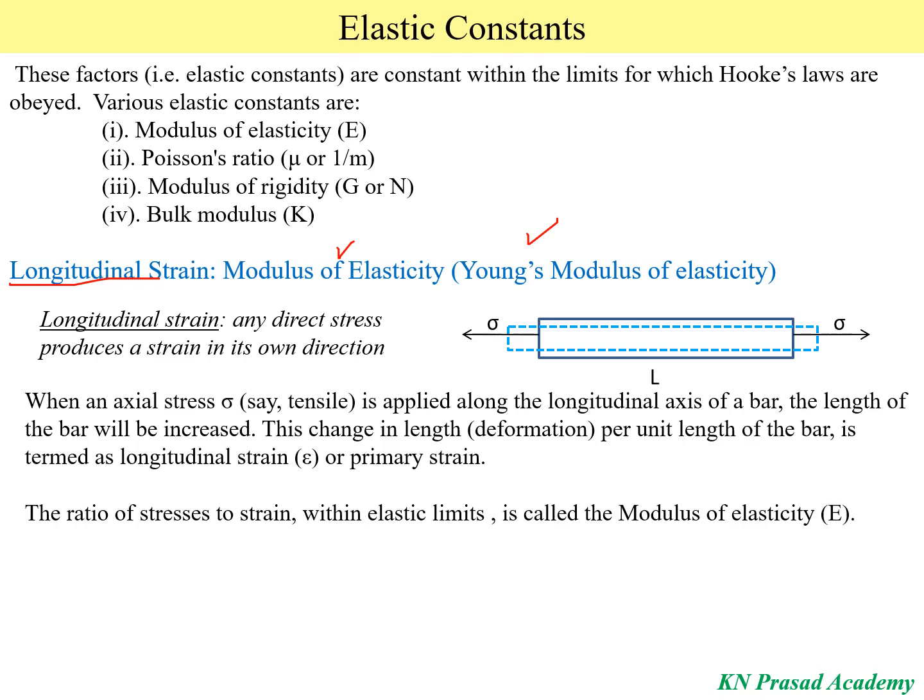Longitudinal strain is defined as: any direct stress produces a strain in its own direction. For example, we are applying the direct stress sigma. Similarly, strain will be produced in the same direction as the stress. This type of strain we call the longitudinal strain.